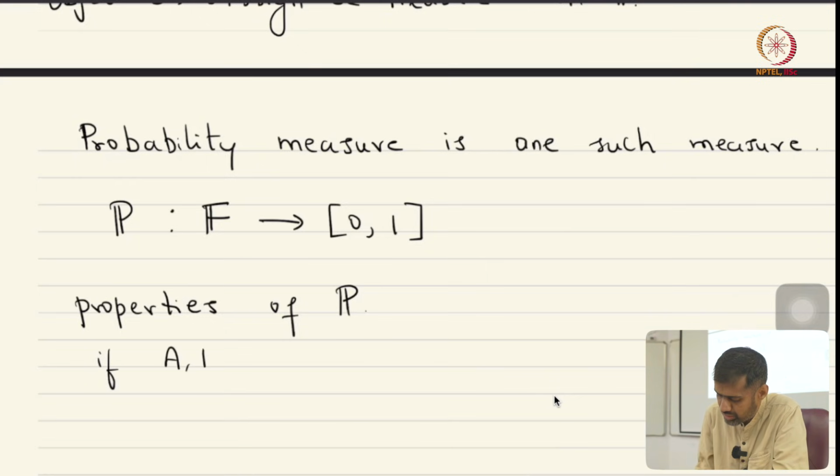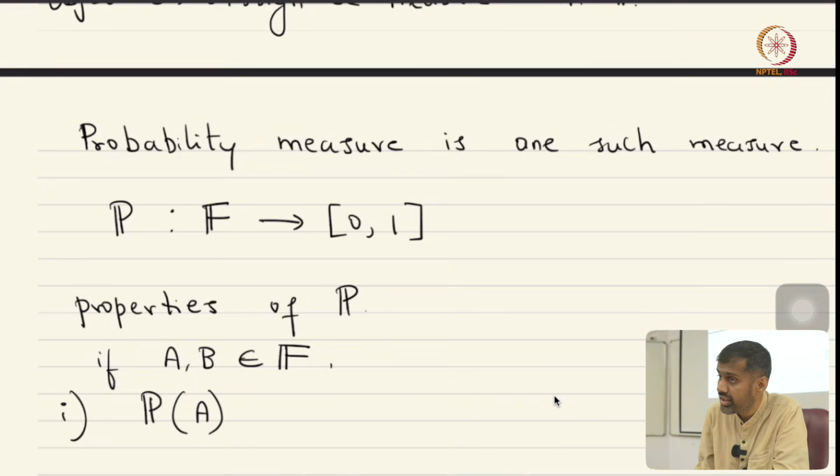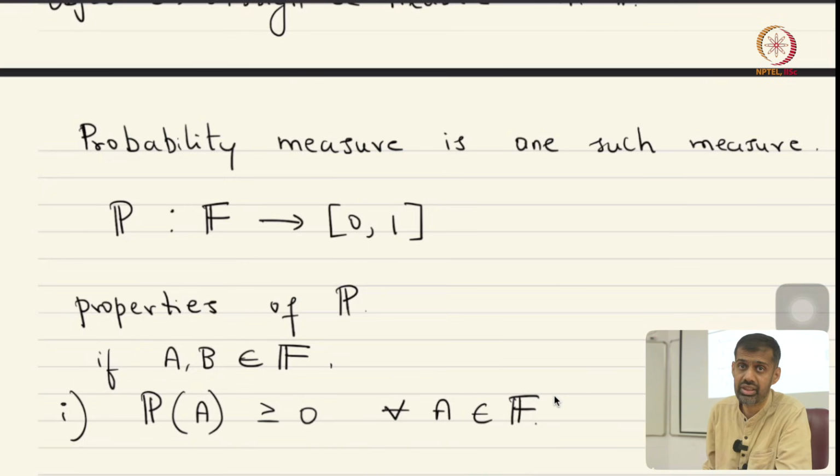Let's say A, B are two elements that are in F. The first property: the probability measure of A, for any subset A that is an element of F, always has to be either 0 or greater than 0.